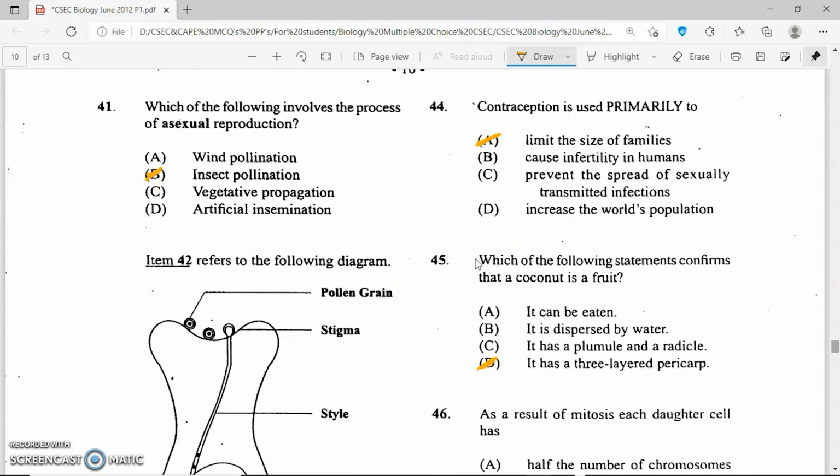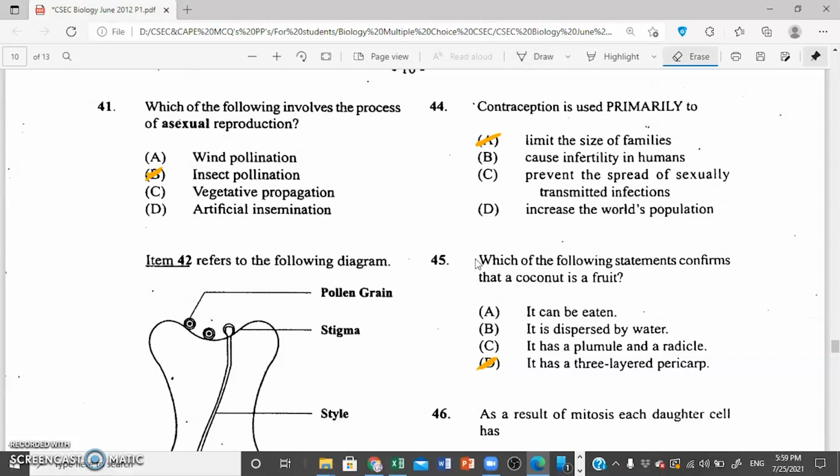Number 41. Which of the following involves the process of asexual reproduction? Okay, so it's not B. Insect pollination is sexual reproduction. Wind pollination is also sexual reproduction, because it involves pollen grains and ovules, that is, male and female gametes.